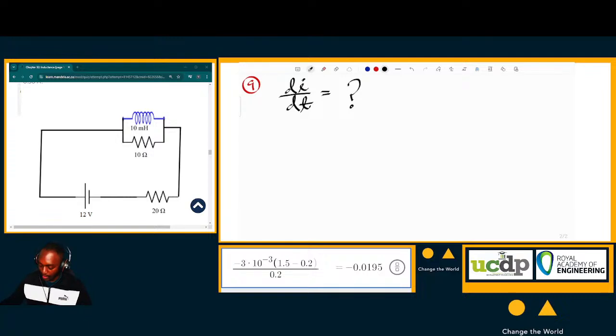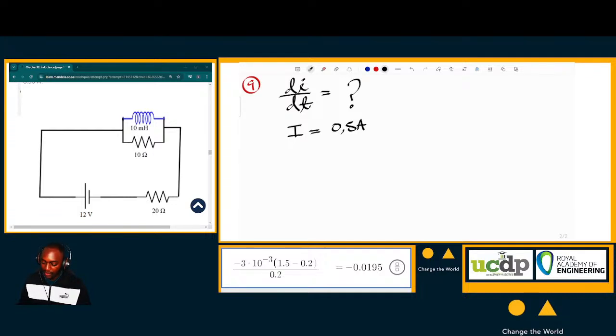We're told that the current flowing, I, in the battery is equal to 0.5 amps. That's the current flowing in the battery. So the question is saying find the rate of change of current in the inductor.